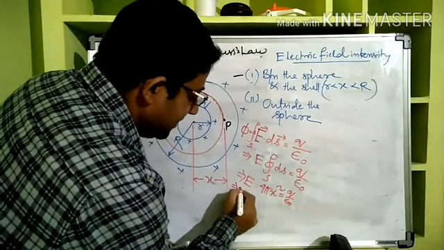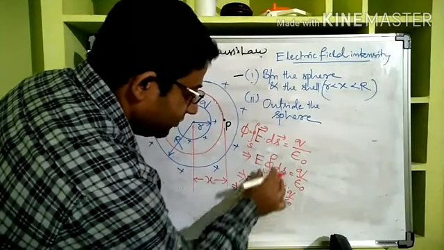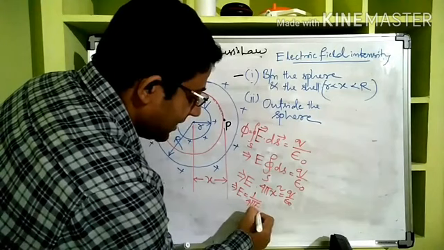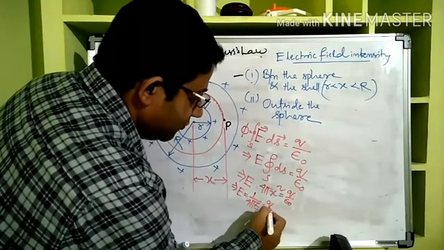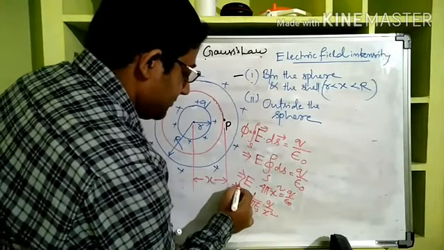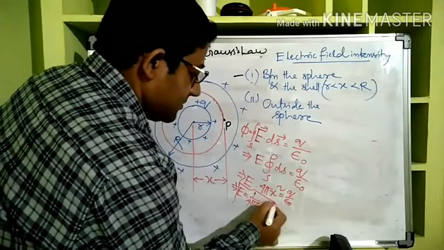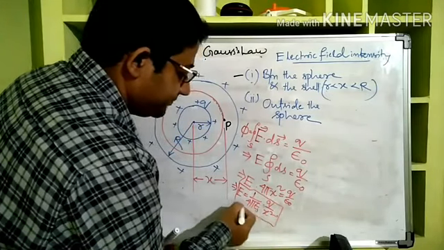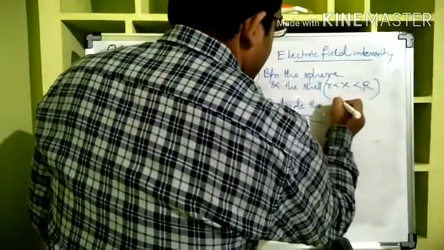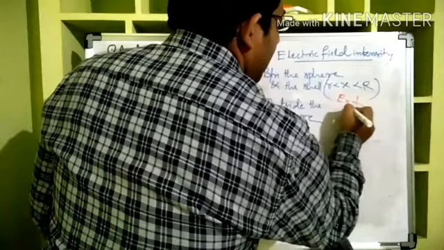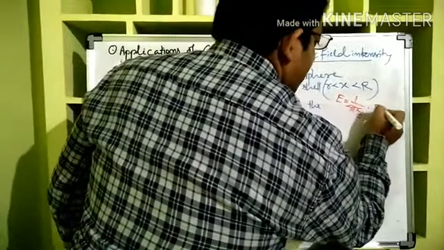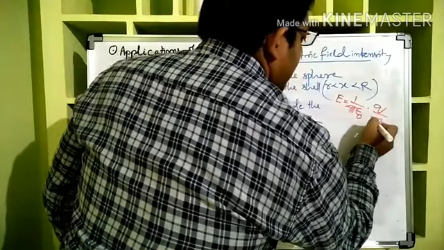Implies that E is equal to 1 by 4 pi epsilon naught small q by x square. Clear? So this is the solution for bit 1.